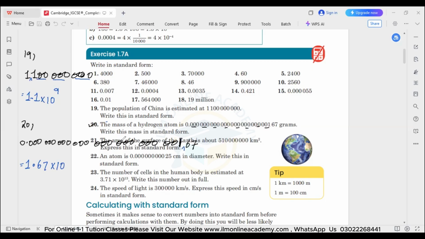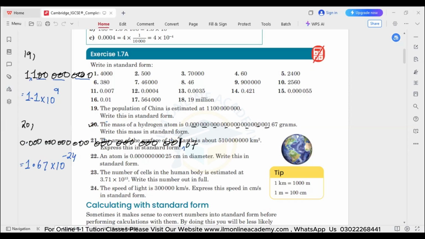So let's see how many numbers are between the original decimal point and the decimal point that we applied. So 3, 6, 9, 12, 15, 18, 21, 24, and this will be negative 24.